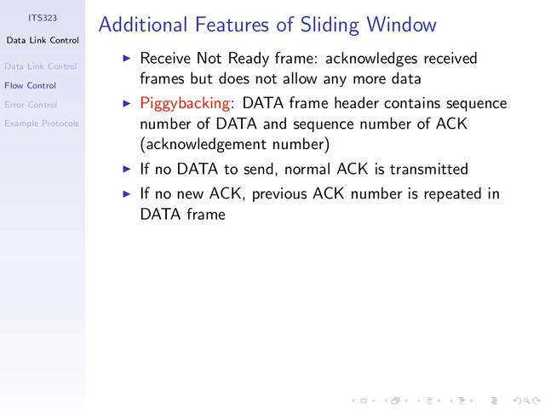So if I were to draw the packet or the header now, the data frame contains a source, destination, sequence number, version, checksum, and also an acknowledgement number.